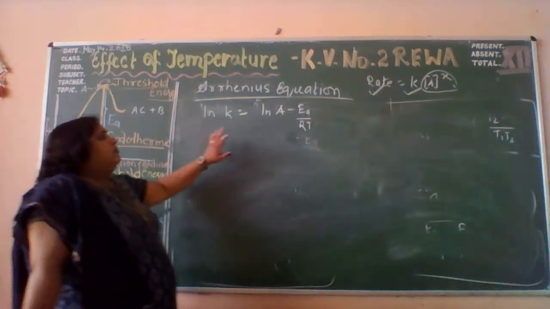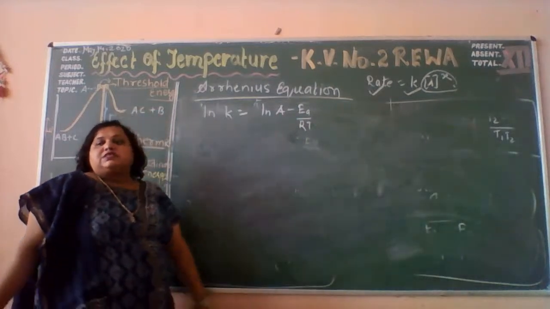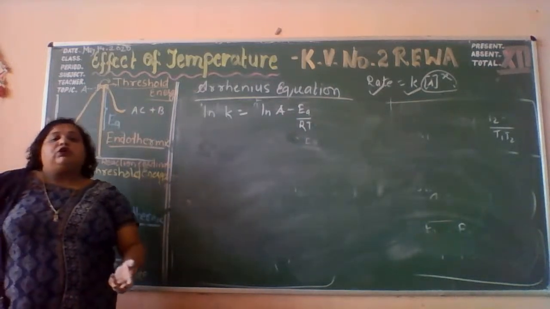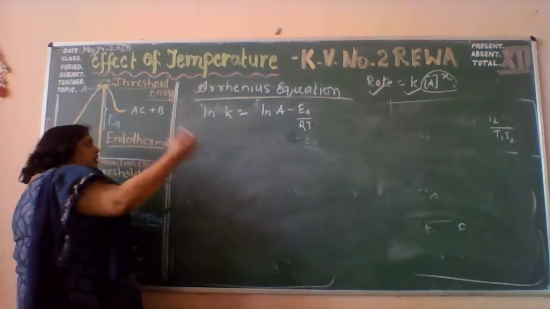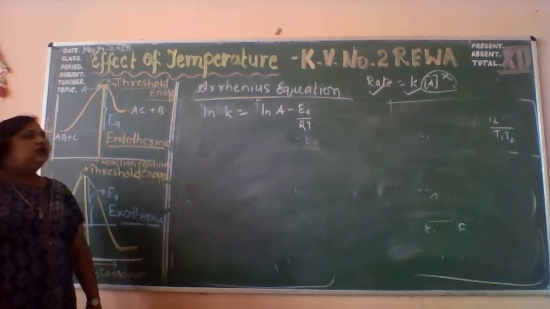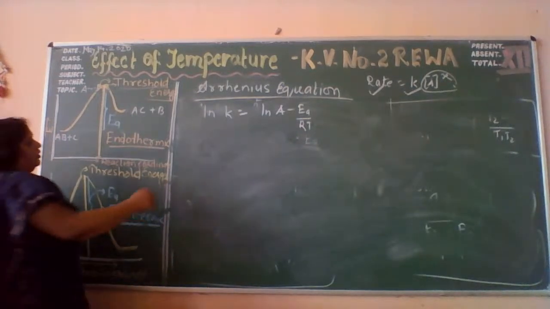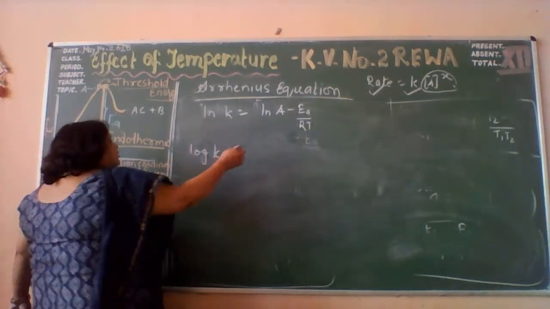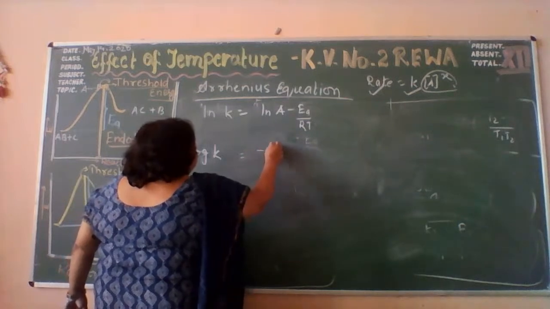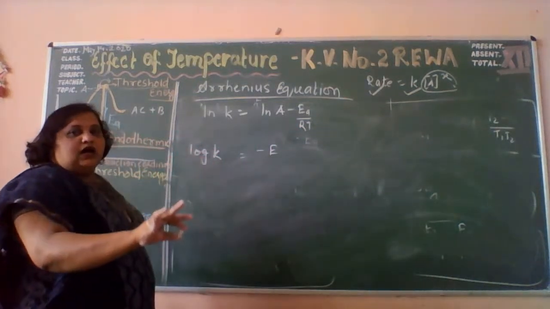Please keep in mind, this is a constant, this is a variable. You have to take the variables first, because a graph is always plotted for the variables. Okay, very fast I'm going to convert it. What will be the final equation that I will get? Log K will be equal to minus, I'm taking this first because here are the variables I have to use.